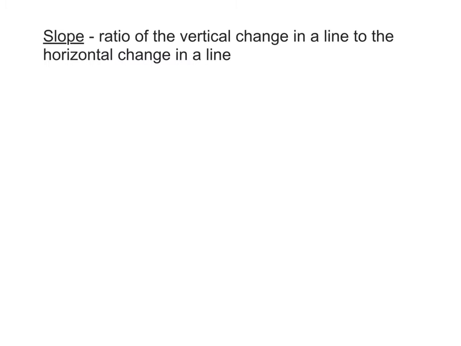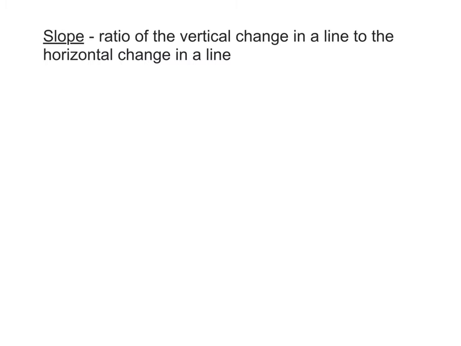Slope is really a ratio, and we know that ratios are a comparison of 2 quantities, and when we're talking about a line and slope in particular, the 2 quantities we're comparing are the vertical change to the horizontal change.